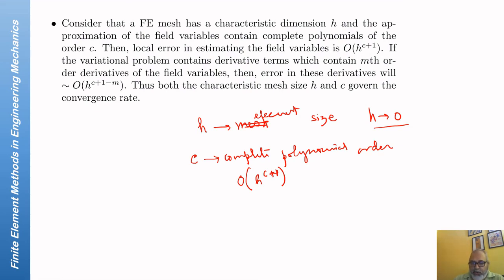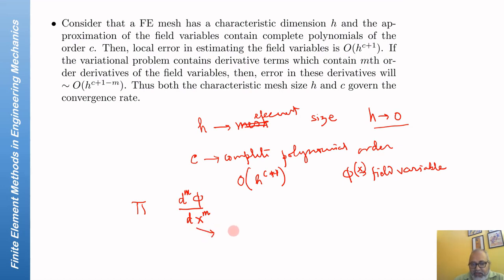Now, suppose your variational statement, suppose your expression for pi contains mth derivatives of the field variable. Let's say phi is our field variable. It's a scalar for the sake of simplicity. So phi is our field variable, and my variational statement contains mth derivatives of phi with respect to, say, let's say we are dealing with a one-dimensional case just for simplicity, and you have mth derivatives in the variational statement.